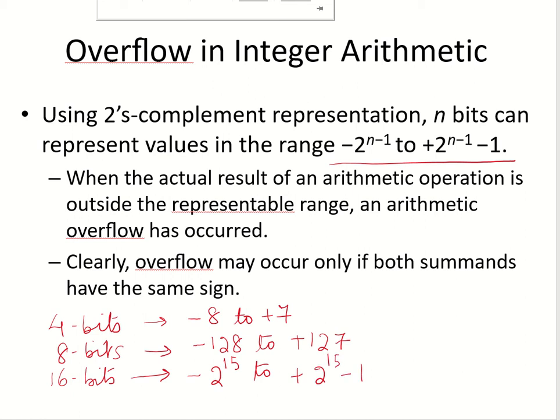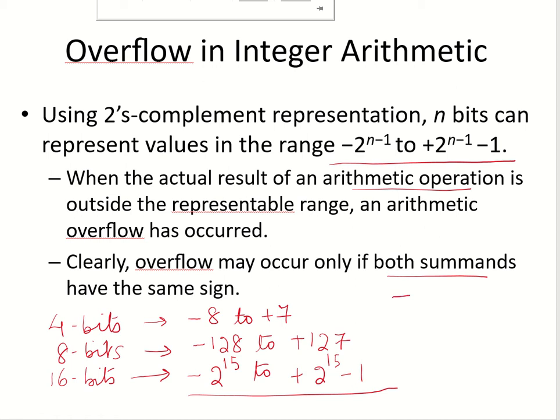And if I am doing an arithmetic operation, there is a possibility that the result that I am getting is outside the range that can be represented using these n bits. So then we say that an overflow has occurred. And you know that overflow can occur only if both the summands have the same sign.